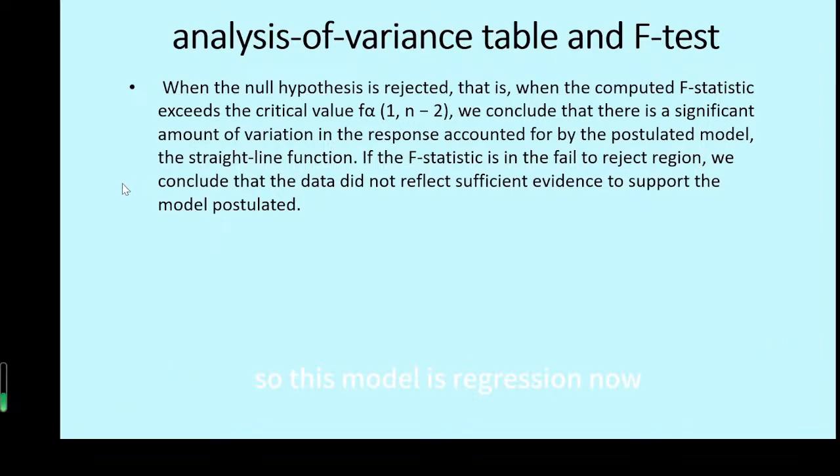So this model is a regression line. On the other side, if the F statistic is in the fail to reject region, then we will conclude that the data did not reflect sufficient evidence to support the model postulated.